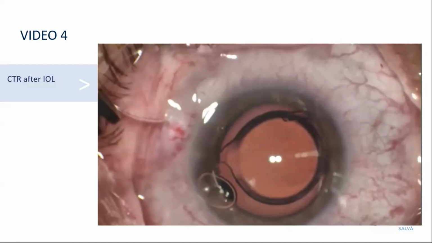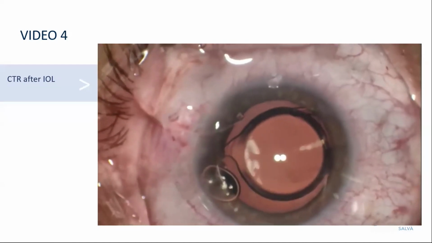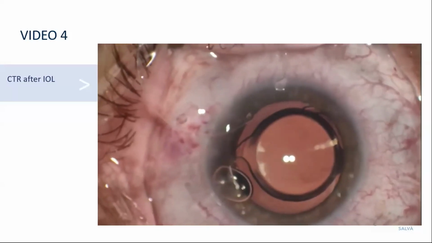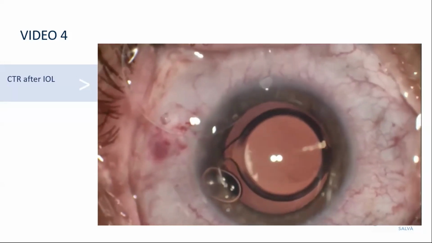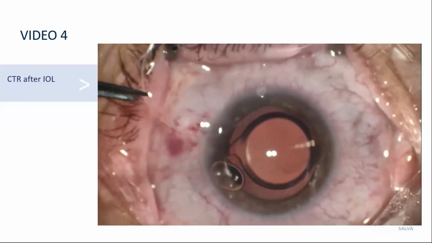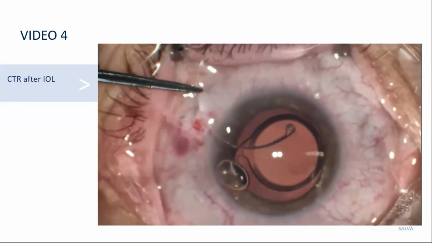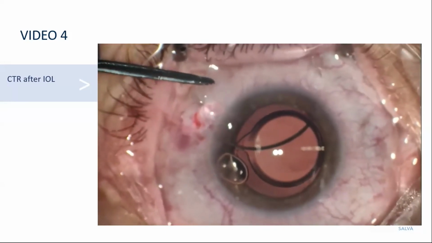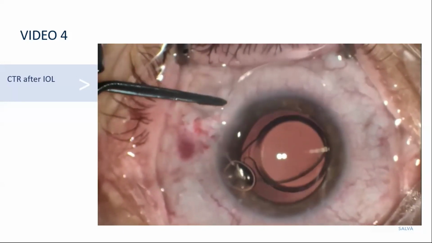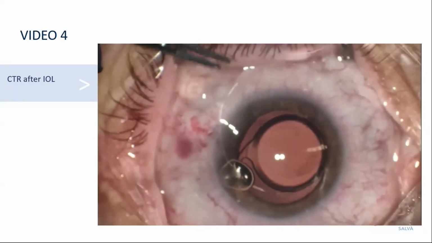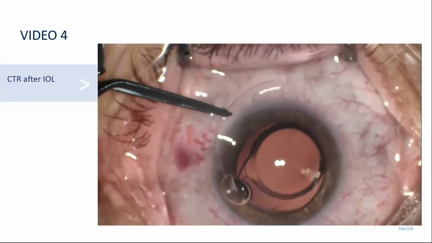So I did exactly the same maneuver. Ensure the leading end of the CTR is inside the bag, and you just do the same maneuver. Here it goes inside, and you keep on doing the same maneuver. I went more carefully because, of course, this was a mistake. I should have done it the other way around.